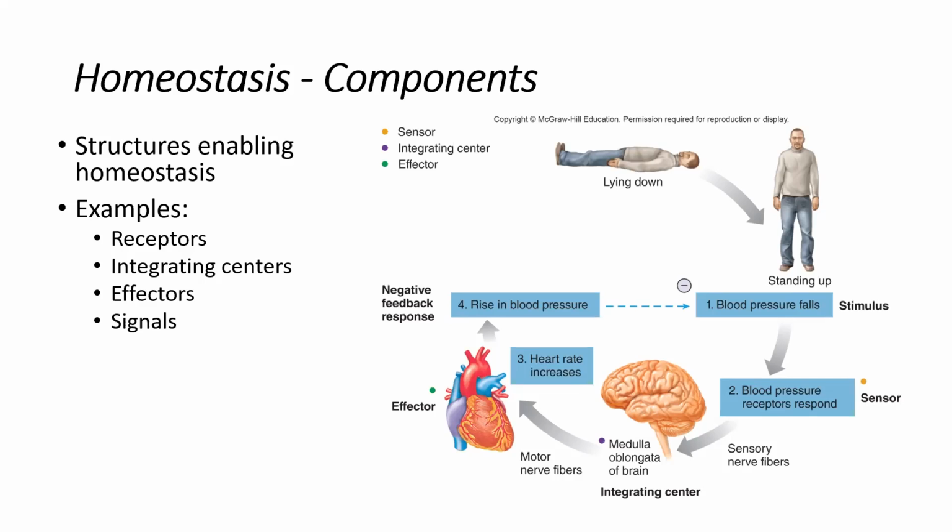So when we speed up the heart rate because of the signals that are sent from the brain to the heart, increasing the rate and contractility of the heart, raising the blood pressure essentially, that is eventually going to correct that initial signal, and that's going to turn off the error signal, which was that drop in blood pressure.